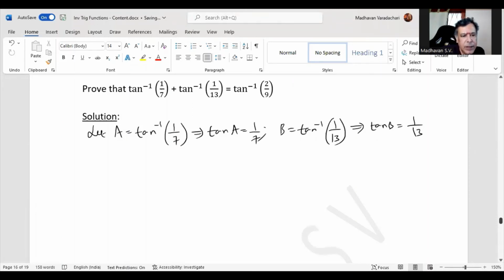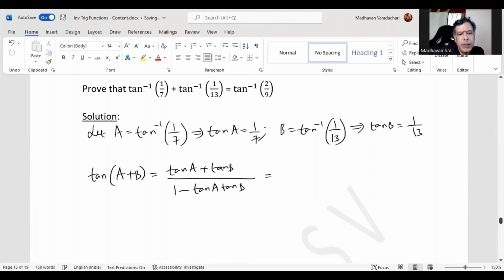Now let us consider the trigonometric identity: tan of A plus B is equal to tan A plus tan B divided by 1 minus tan A tan B. That will be tan A, which is 1 by 7, plus tan B, 1 by 13, divided by 1 minus 1 by 7 times 1 by 13.